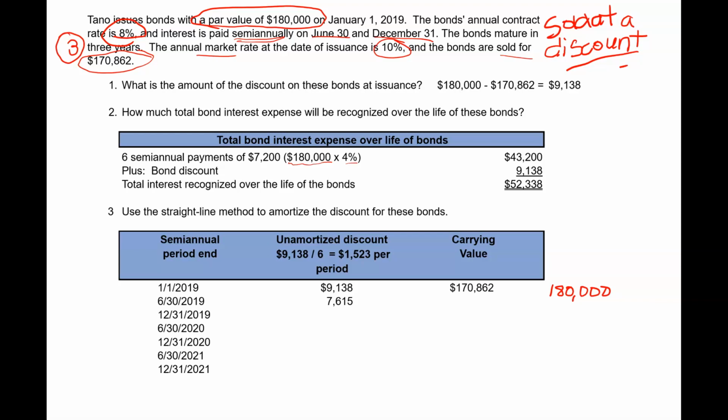We will credit the account $1,523, which will leave you a balance after the first payment of $7,615. Then add that $1,523 to the carrying value, and that's $172,385. And just to double check, add those two numbers together, and you should get $180,000.